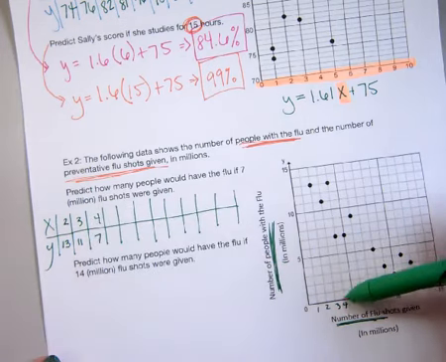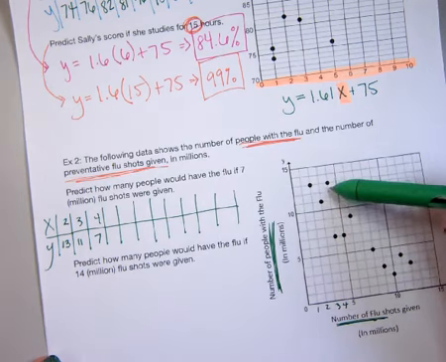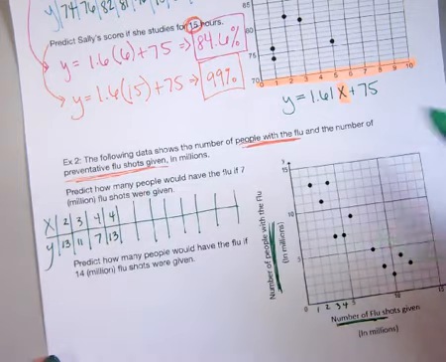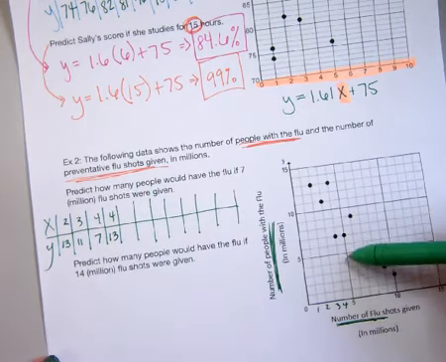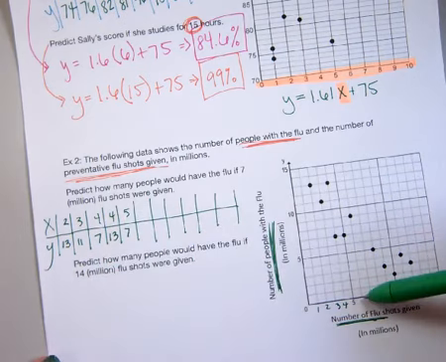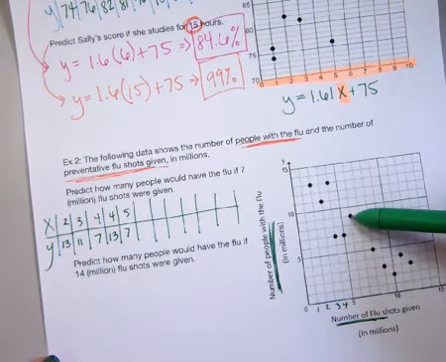I think there's another one. (4, 13). (5, 7). (6, 9).